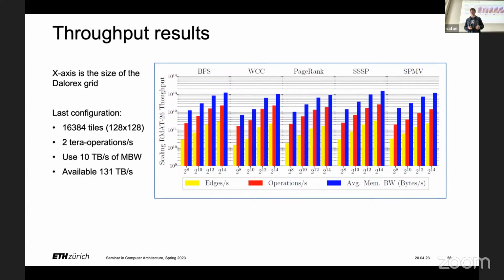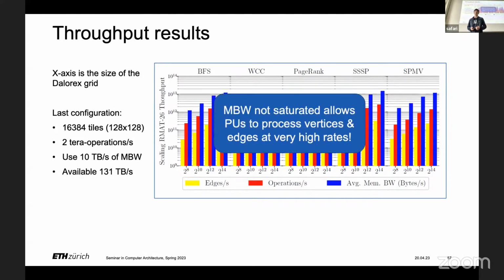This is a chip of 128 by 128. It does have a throughput of 2 tera operations per second and does use 10 terabytes per second of memory bandwidth, while the available one is 131 terabytes per second. Having this memory bandwidth not being saturated does allow the processing unit to process the vertices and edges at very high rates.